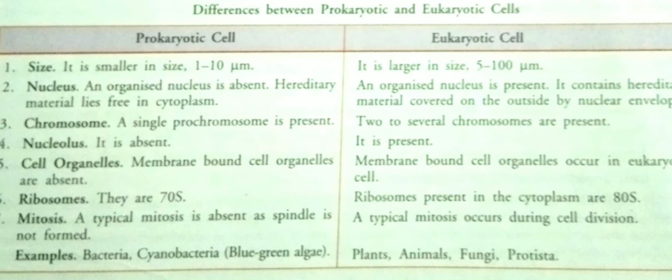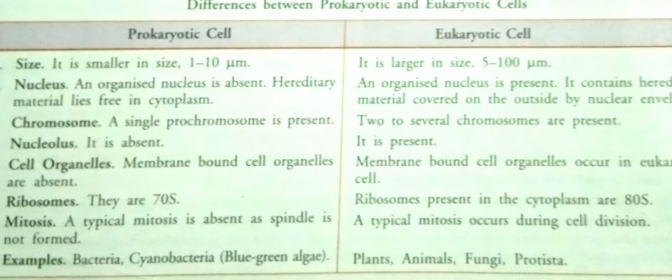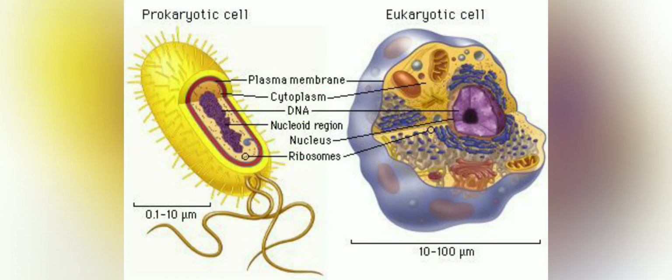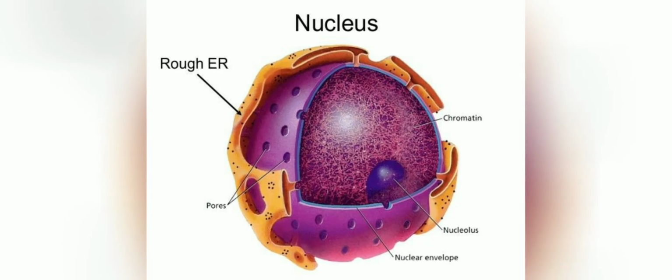Plants, animals, fungi and protista are eukaryotic cells. Now you can see the differences between prokaryotic and eukaryotic cells, and the main reason is the lack of the nuclear membrane in the case of prokaryotes.